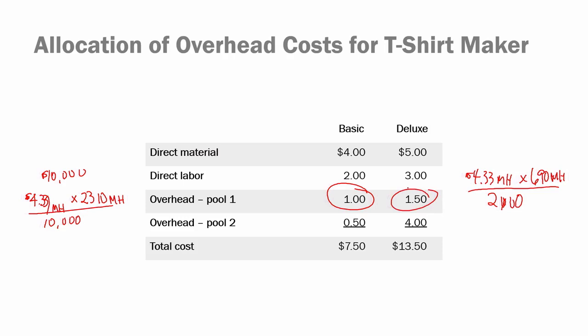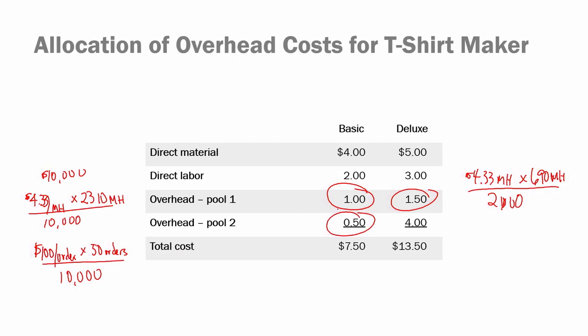Okay, now let's allocate the second cost pool based on orders. Since the basic t-shirts require 50 orders, they're going to be allocated $5,000 from the second pool, the order-related cost. $100 per order times 50 orders. And again, there's 10,000 basic t-shirts, so we're at 50 cents per shirt.